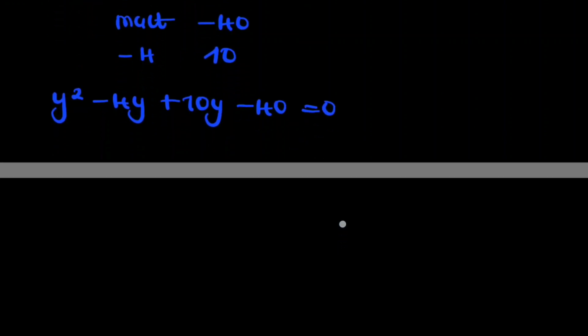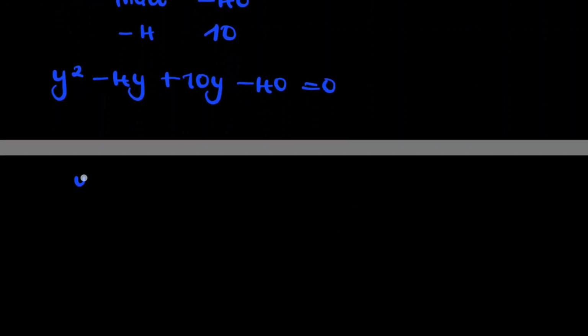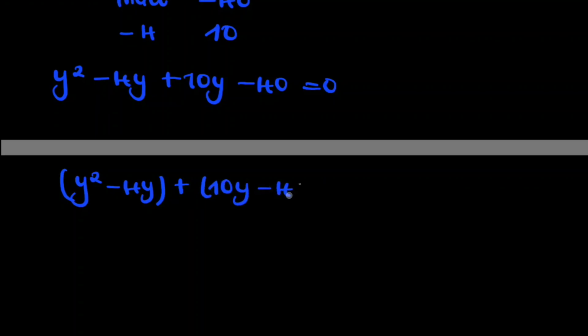Now we are just going to pair them. Pair the first two, y^2 - 4y, paired with 10y - 40. Okay, now we can factor out like terms.